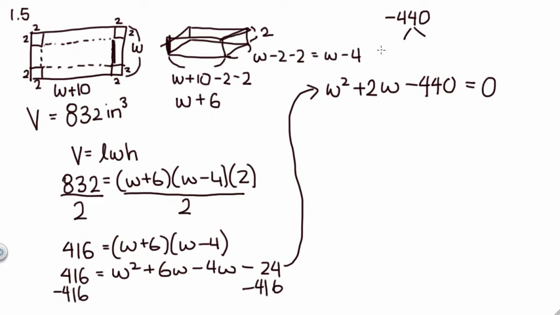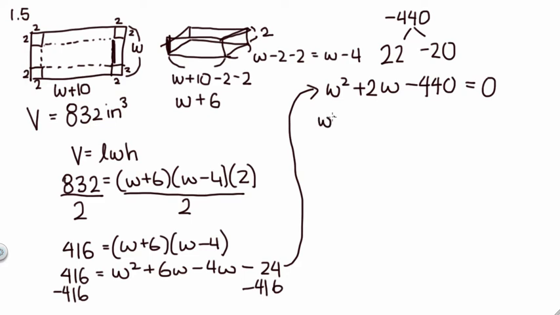So we can do 22 and negative 20. If we multiply 22 times 20, we get 440, and their sum, since one of them is negative, is going to be 2.